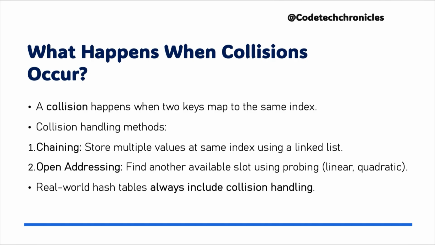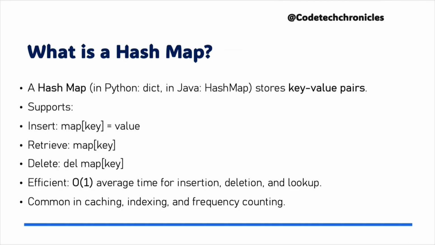Second, open addressing: find another available slot using probing, like linear or quadratic search. In the real world, every hash table includes collision handling. It is part of what makes them robust and reliable.